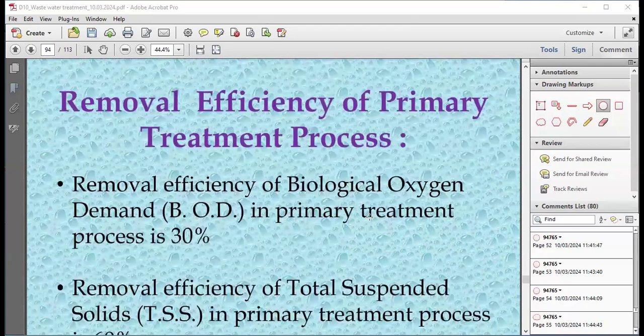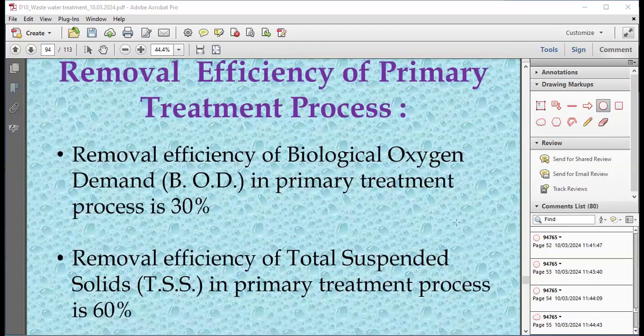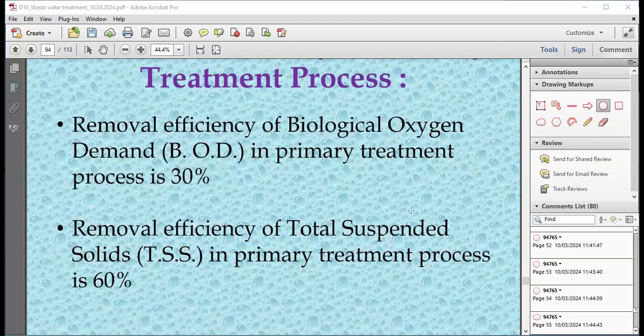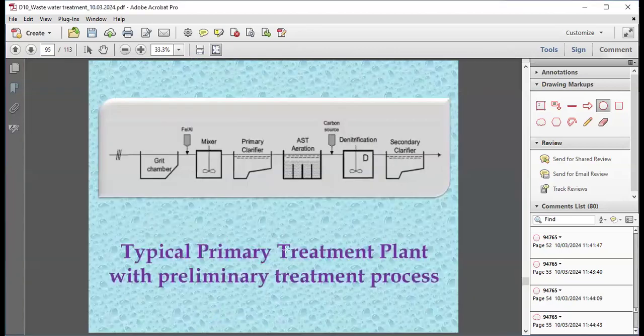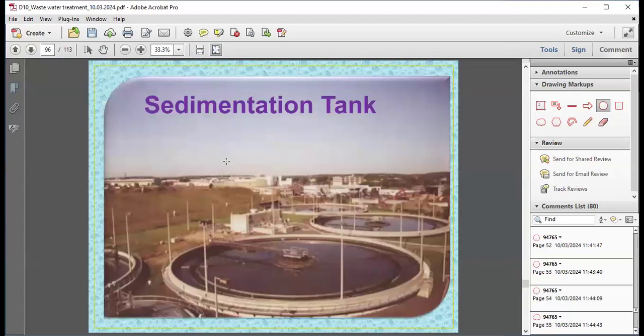The removal efficiency of the primary treatment process for biological oxygen demand is 30%. The removal efficiency of total suspended solids in the primary treatment process is 60%. This is the sedimentation tank, right?